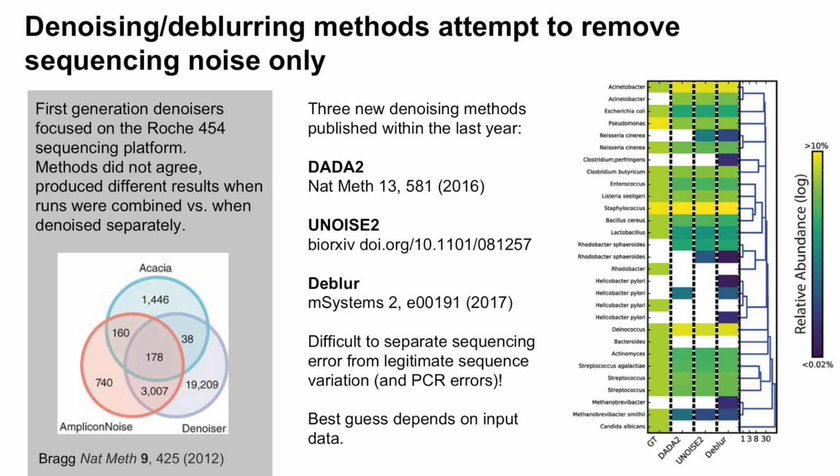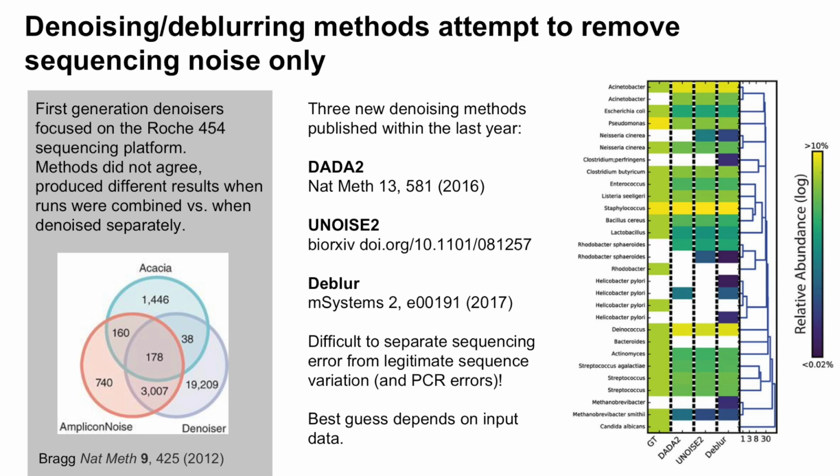That was okay if they got good answers, but they didn't agree with each other. This is a plot from the Acacia paper, dealing with substitution errors, trying to figure out if something was a sequencing substitution or a legitimate substitution in the 16S sequence. They only agree on 178 out of potentially 20,000 substitutions they analyzed, comparing 3 pieces of software.